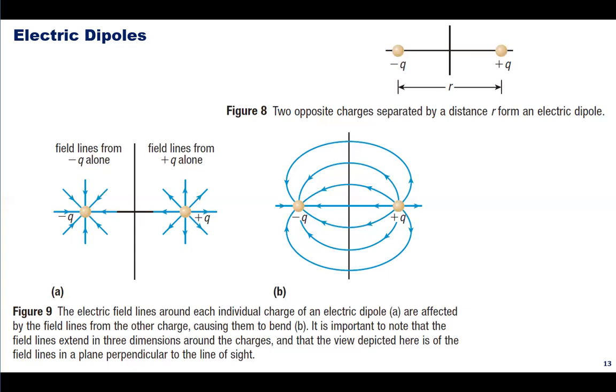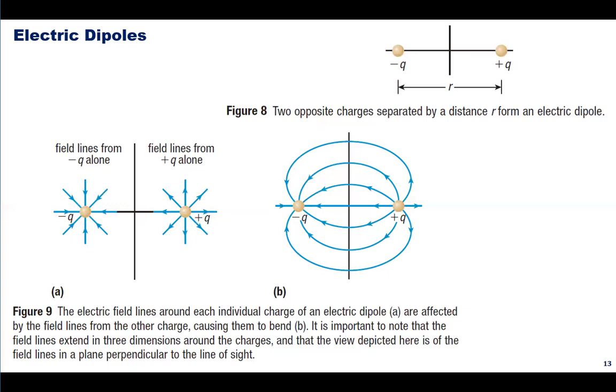Initially, the fields at the negative charge radiate inward towards the charge, and the fields at the positive charge radiate outward from the charge, which is shown here in figure 9a. As the fields extend into the space around the other charge, they can interact with each other, producing field lines that bend toward the other charge, which is shown here in figure 9b.